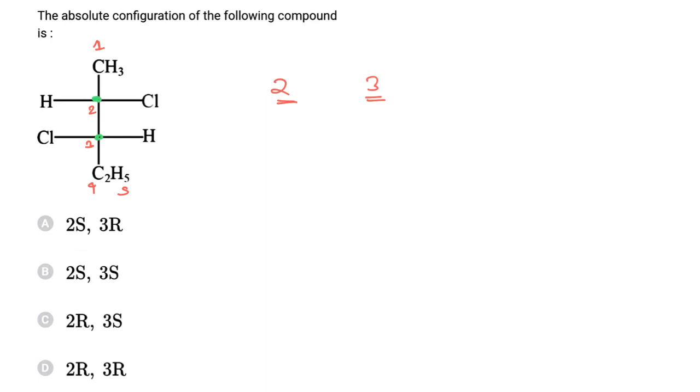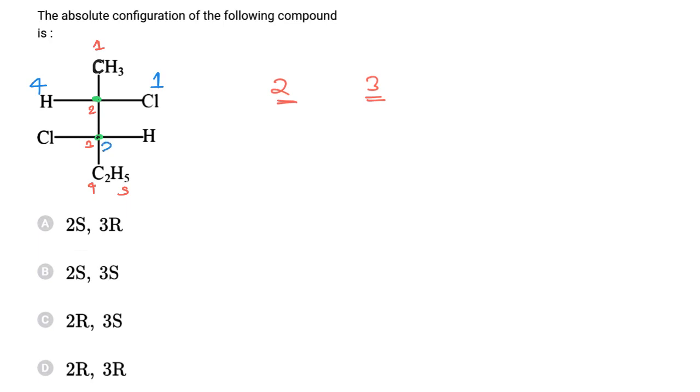Now to decide configuration, first we have to decide priority of group attached with chiral carbon. Now out of 4 groups, chlorine is having maximum priority and hydrogen is having minimum priority. Now out of this CH3 and this carbon, this carbon is further connected with chlorine, so this is given higher priority.